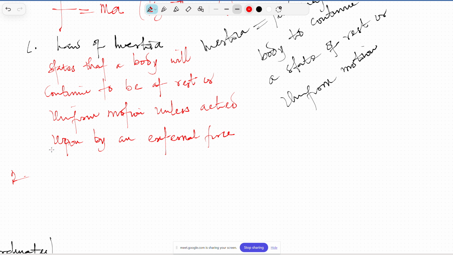The second one is the law of momentum impulse relation.